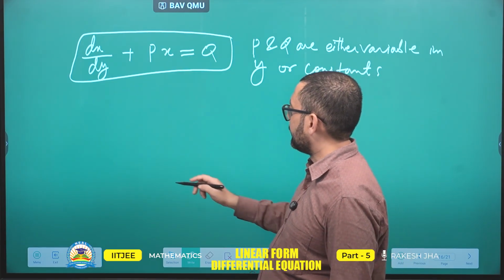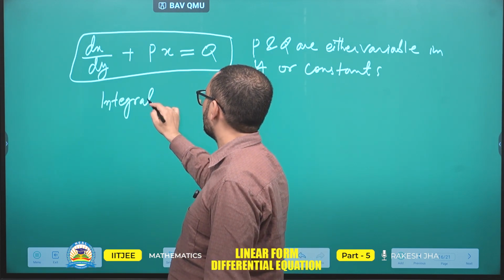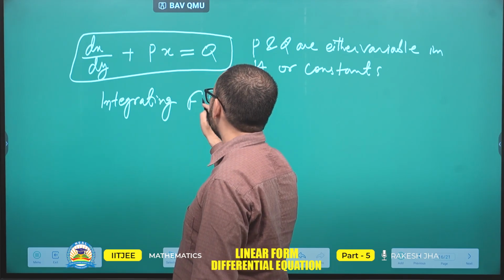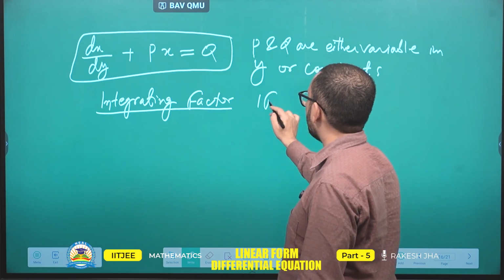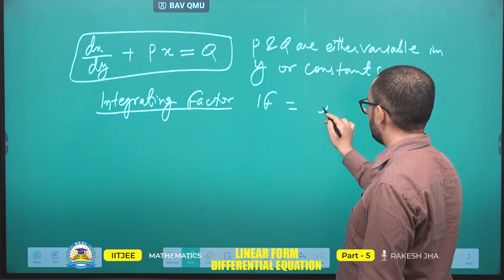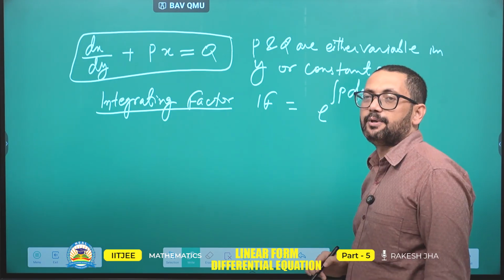So what will happen here? Again we have the integrating factor. So the integrating factor IF will be equal to, in this case, e raised to the power integral of p, and in place of dx it will be dy.